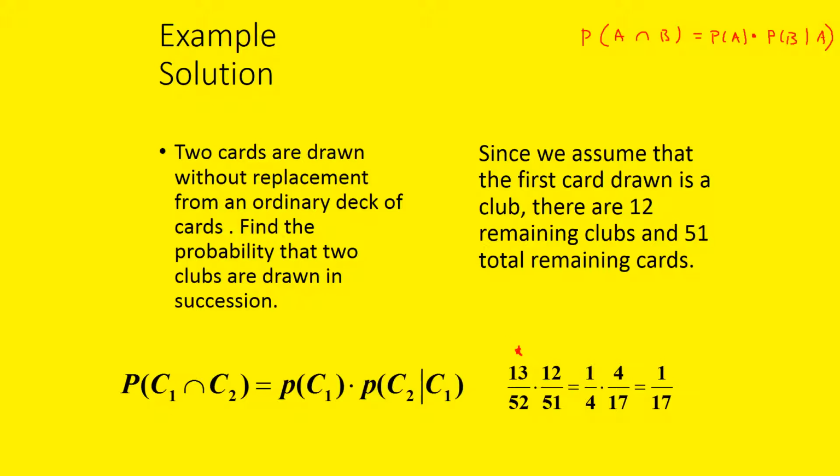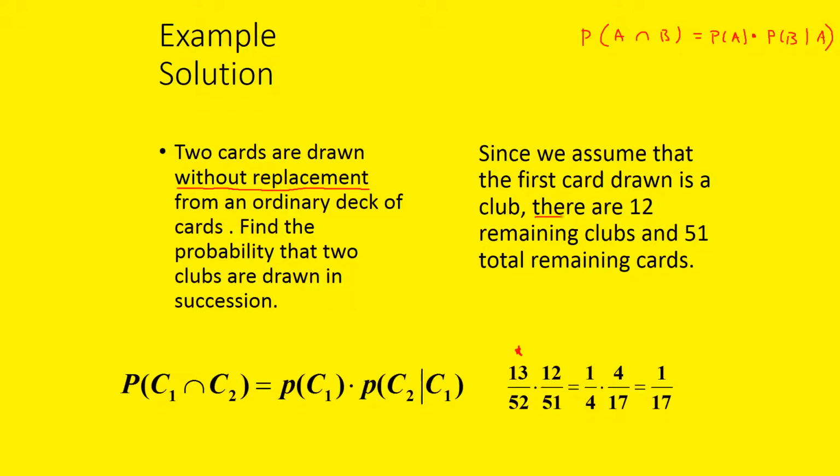But now here is where it gets interesting, because we have to find the probability of a club on the second draw given a club on the first draw. If a club is drawn on the first draw and the two cards are drawn without replacement, then we have only 12 remaining clubs in the deck, because once the first club is drawn, it's not put back into the deck.